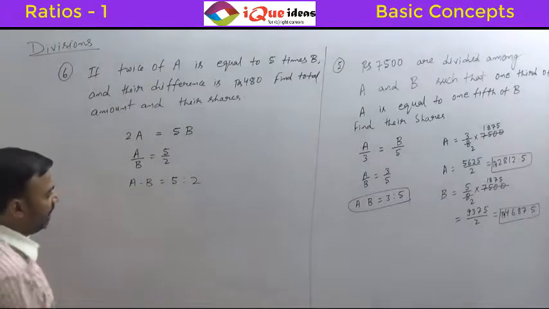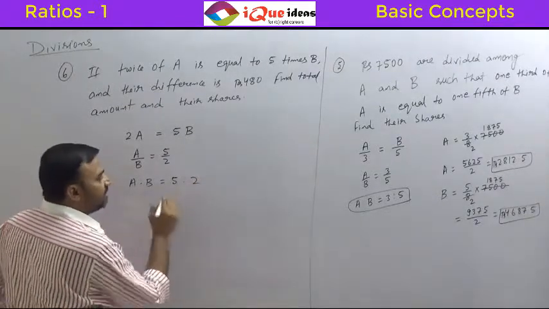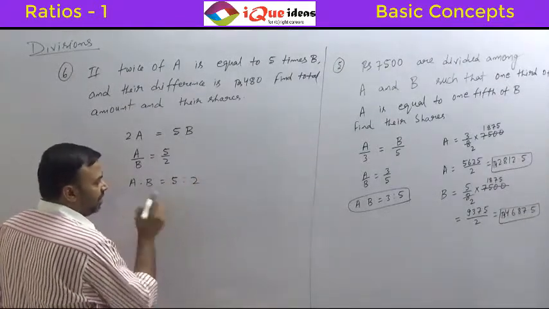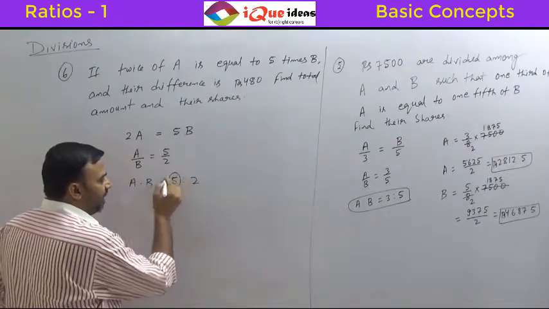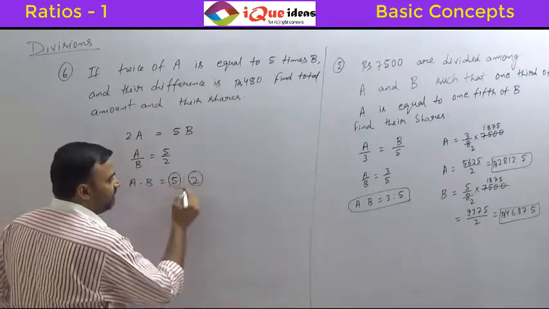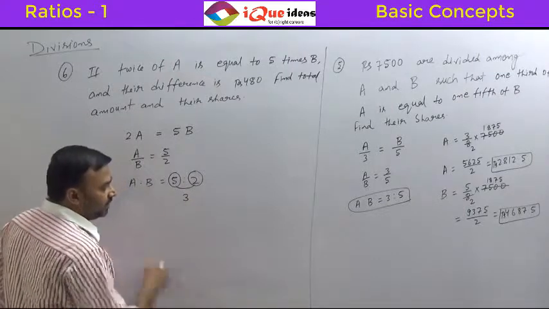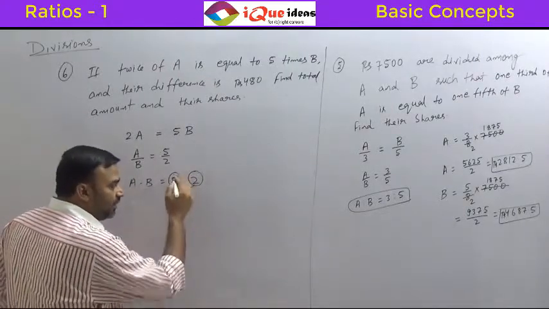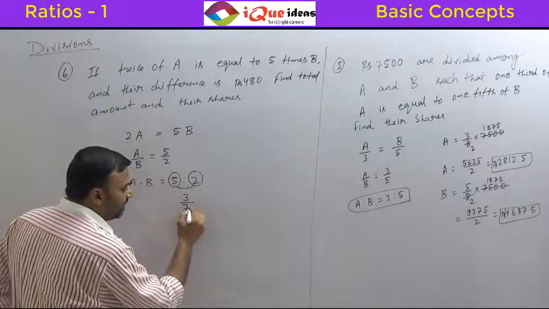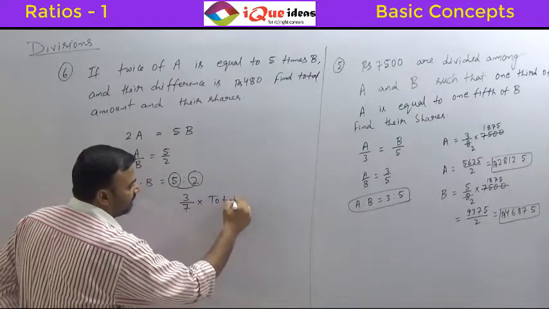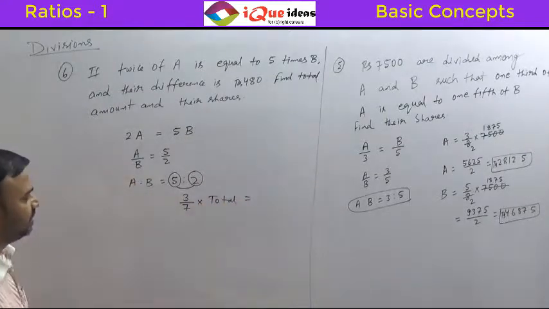Now see, the way we said addition, similarly we can do a subtraction also here. It's like if A gets 5 parts, B gets 2 parts. So the difference will be 3 parts. 3 parts out of the total 7 parts. So we can simply say that 3 by 7 into the total. Now this is another way to do some of the questions.